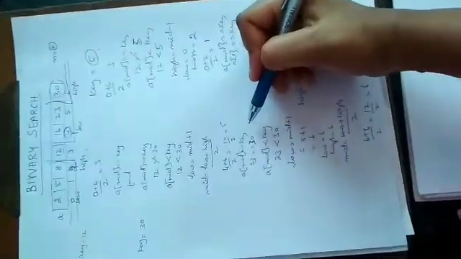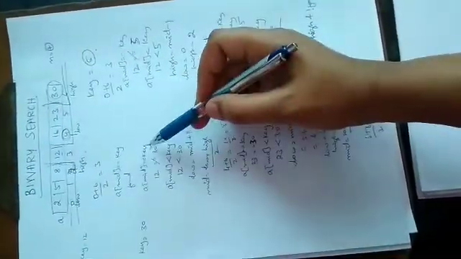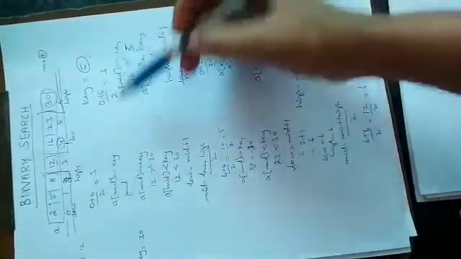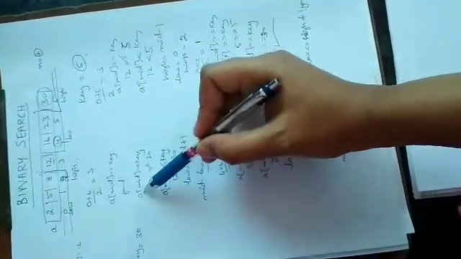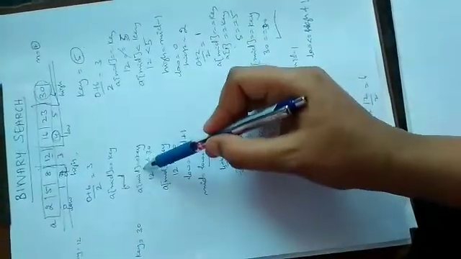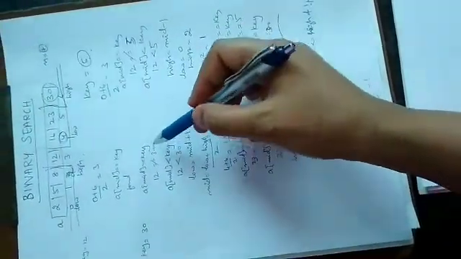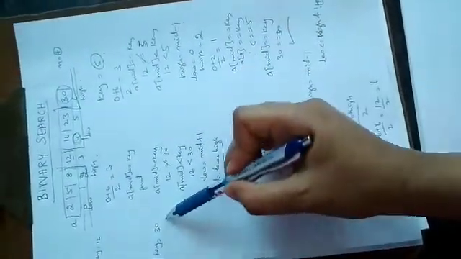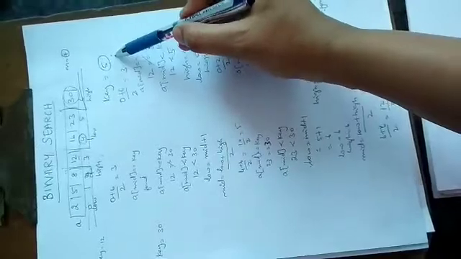That is, finding the mid element. If the mid element is equal to key, then we can say it is a successful search. In case A of mid does not match the key, then we have to search the left side or right side. So here we have taken the example of 30 and 5, and we have seen how to search the element, right?